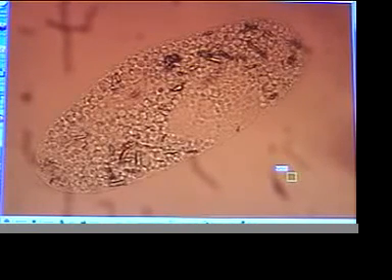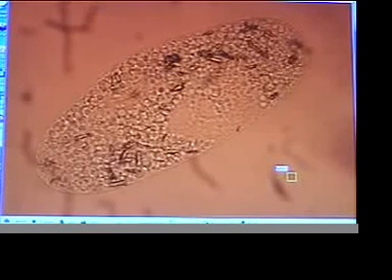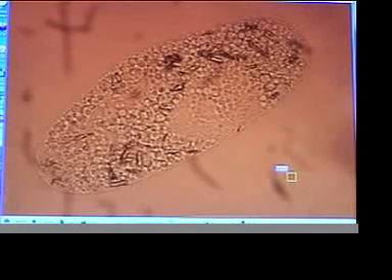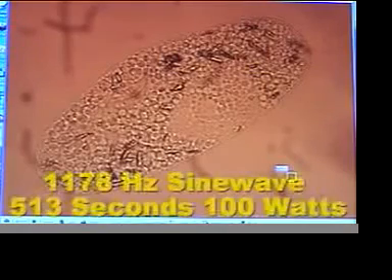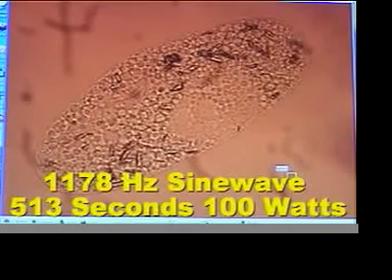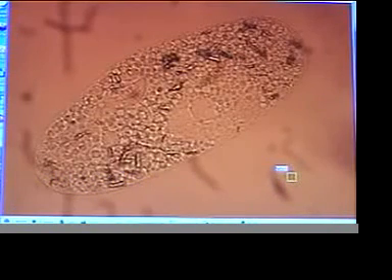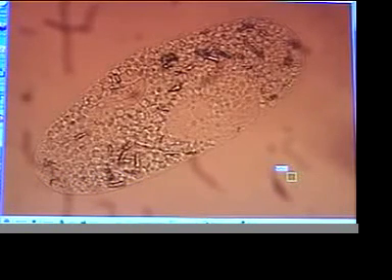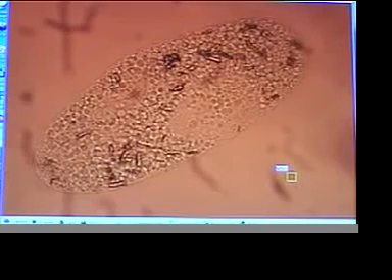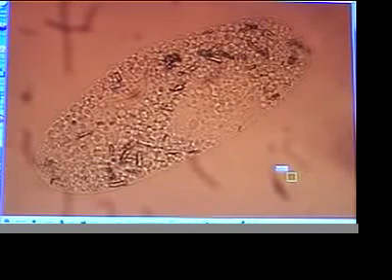He's now running 513 seconds. 100 watts, SWR about 1.3, using my old way of reading it. This is the 40x objective on the microscope.